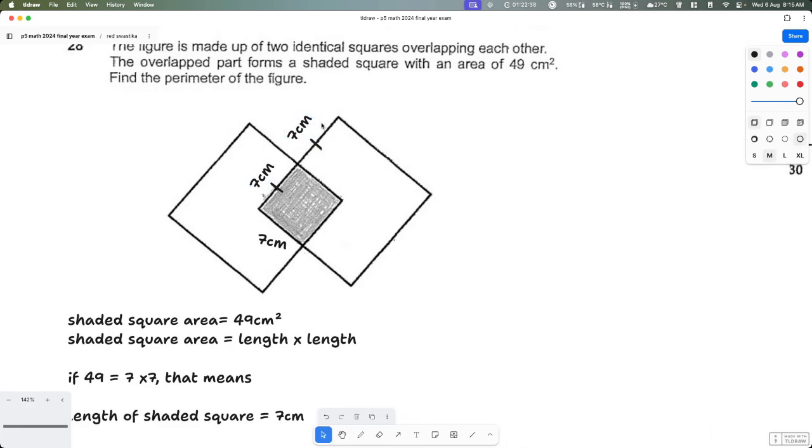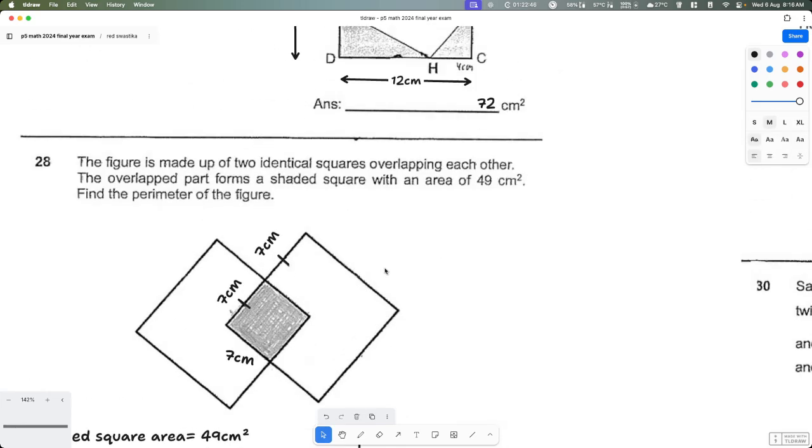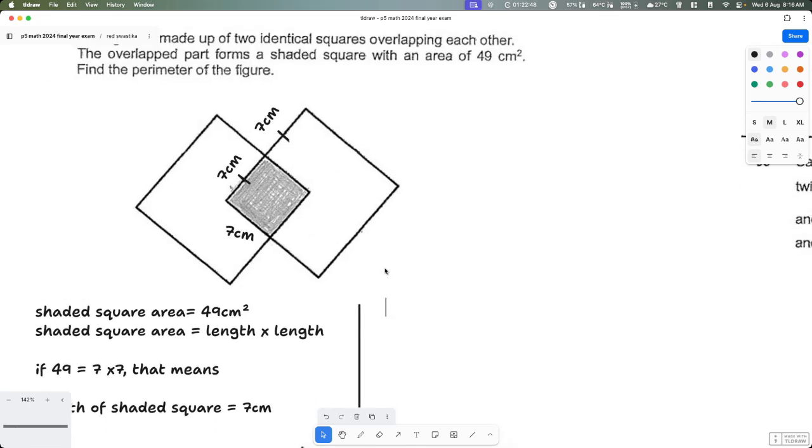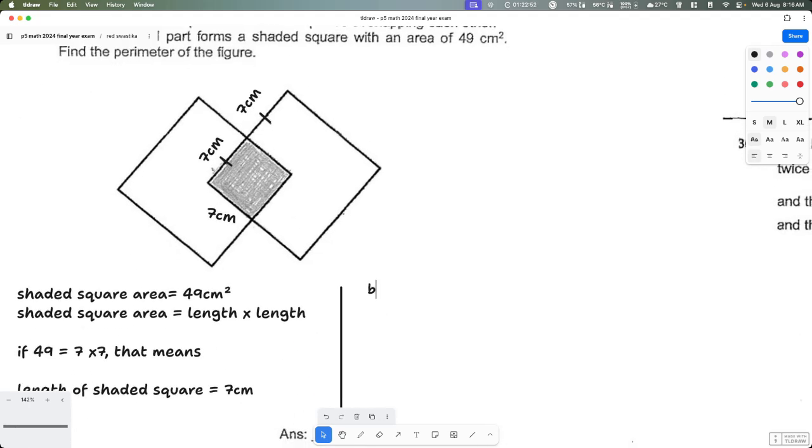So now we know that 7 centimeters and 7 centimeters is one length of the overlapping, so the bigger square length is equal to 7 plus 7, equal to 14 centimeters.